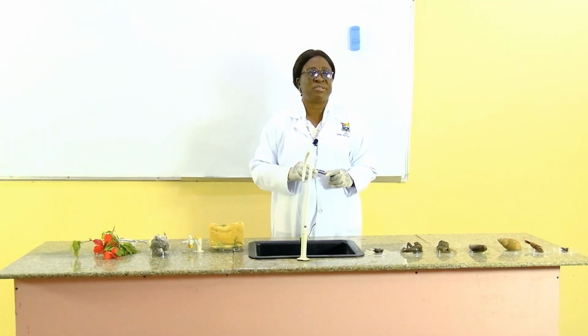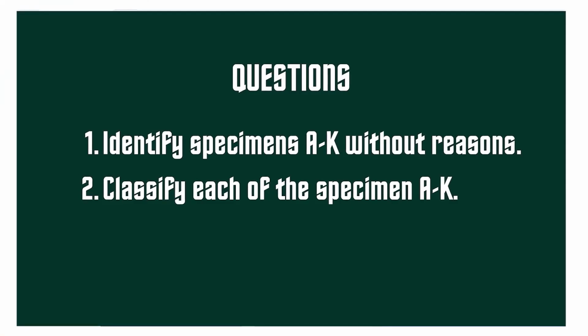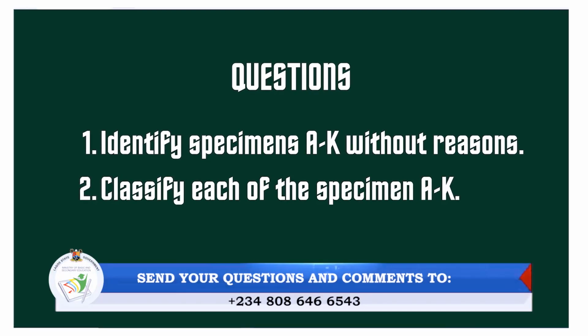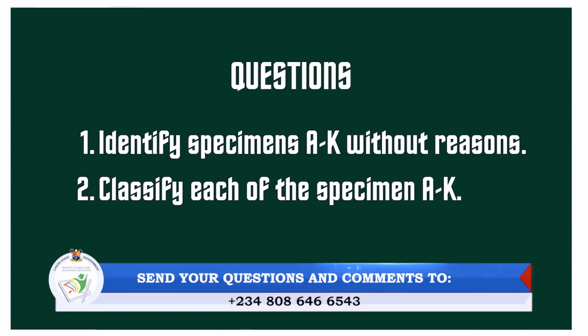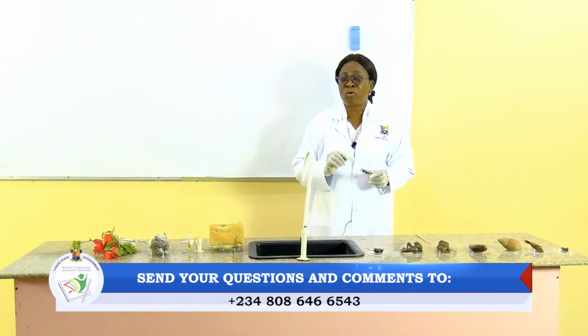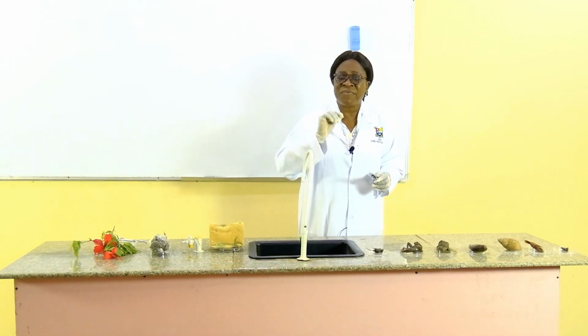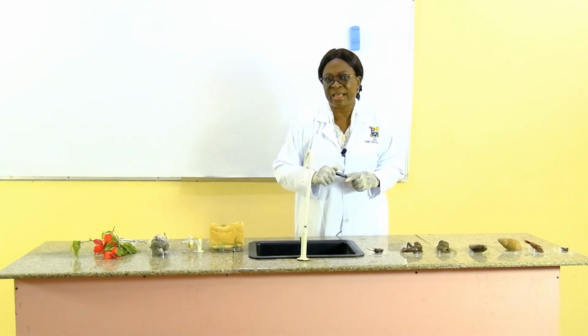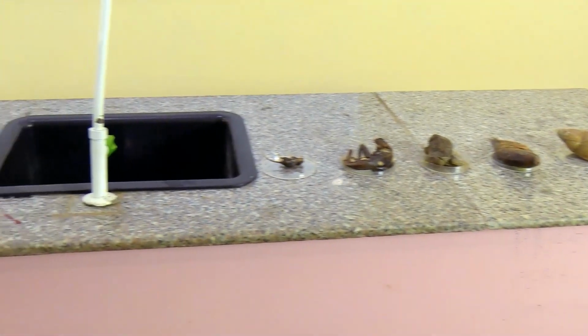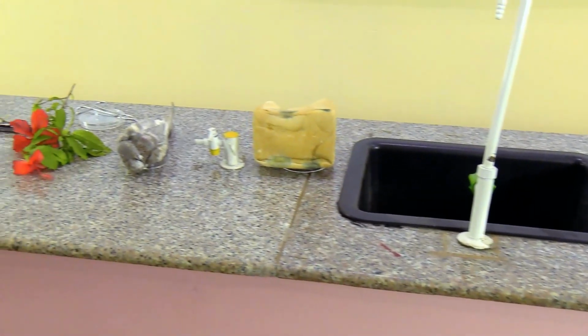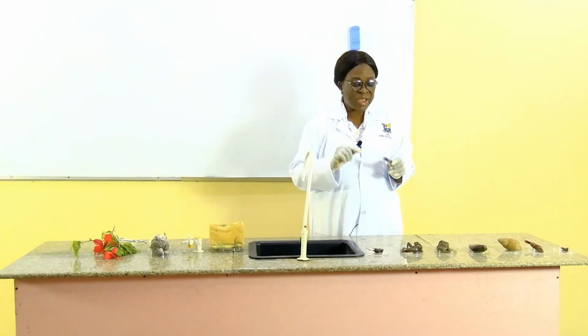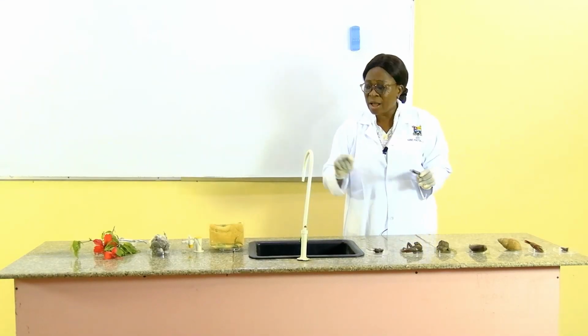Our first question says: identify specimens A to K without reasons. This is a question that is very, very common during practical exams. After the array of specimens, you are asked to identify without reasons. Sometimes you may be asked to identify with reasons. Today, we want to identify without reasons.